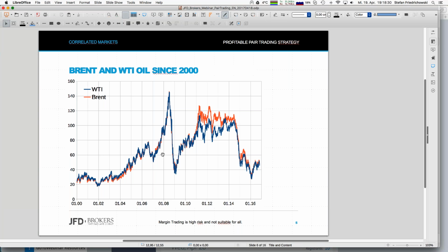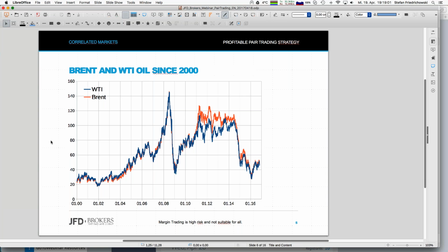No, what we are looking for later are those small spikes, small deviations between blue and red, and that is the input or the starting point for any trade. We will zoom into that later, and then you will directly see when and how to open such a pair trade. In general, the two prices follow each other quite closely, so there are no big differences between those two.